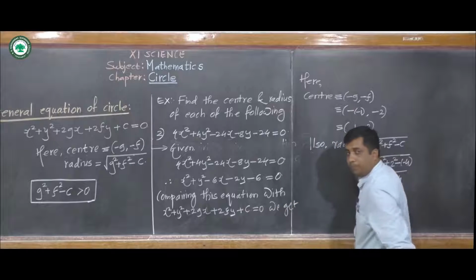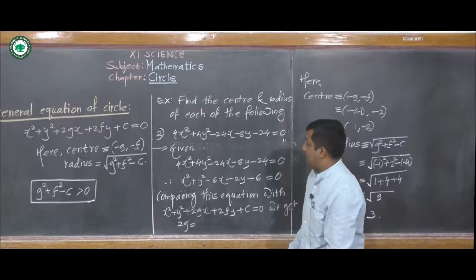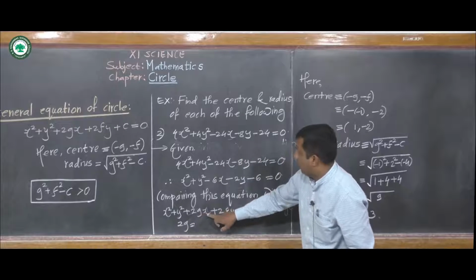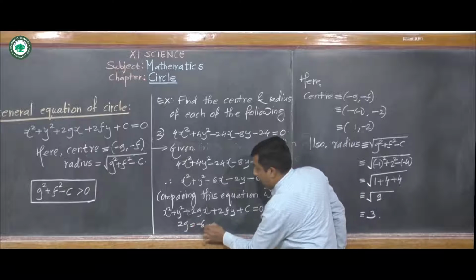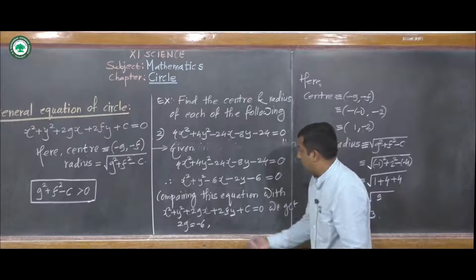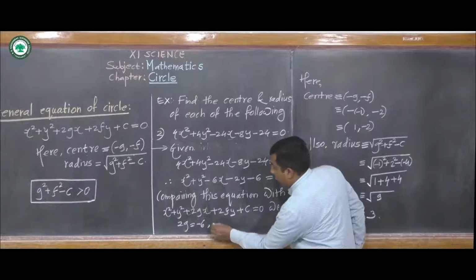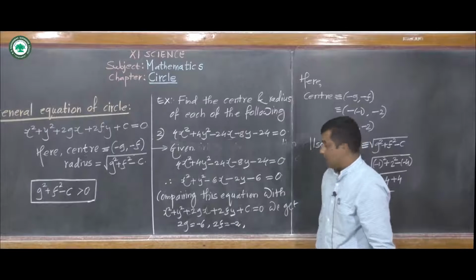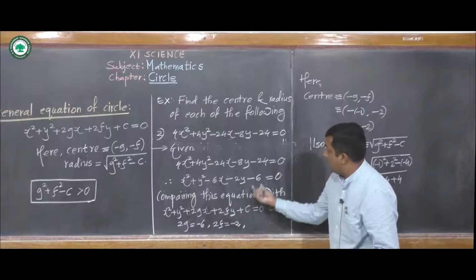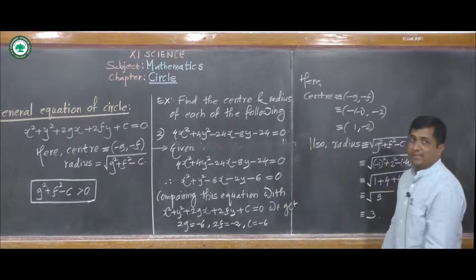Here we get 2g first. Let's compare this 2gx with minus 6x. We get 2g as minus 6. Then we compare this 2fy with minus 2y. We get 2f is equal to minus 2. Next we compare this c with minus 6. So here c is equal to minus 6.